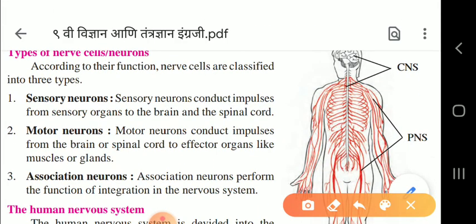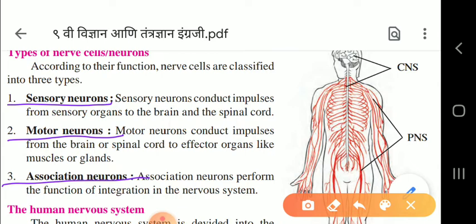Here you can see three types of nerve cells are there: sensory neurons, motor neurons, association neurons. One type, the sensory neurons, take the message to the brain. The other type of neurons bring back the answer from the brain. And the third one are association neurons, which perform the function of integration in the nervous system.